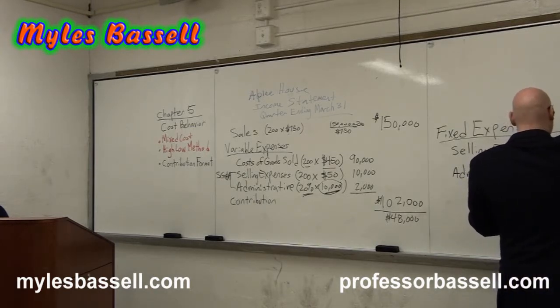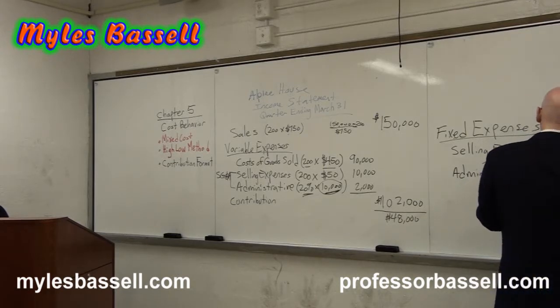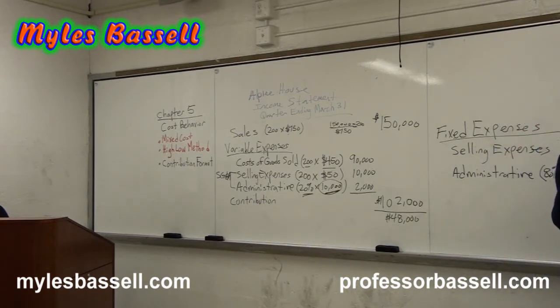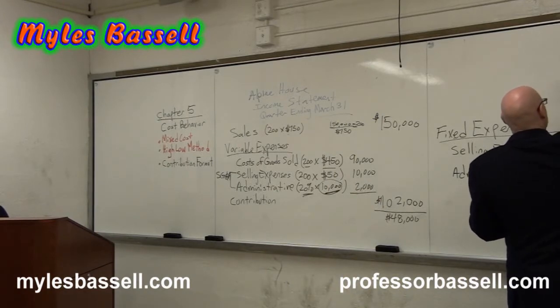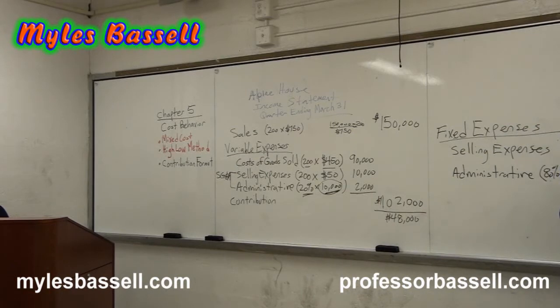A contribution margin. Well, we can do it this way. Minus our variable, which is 48,000. Minus our fixed, which is 28,000.